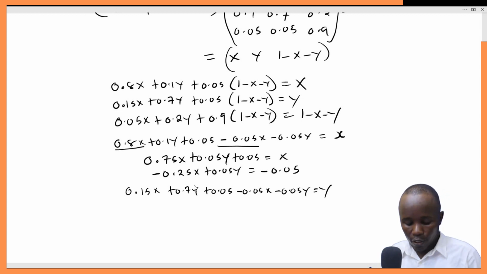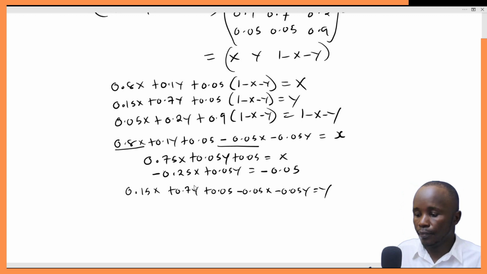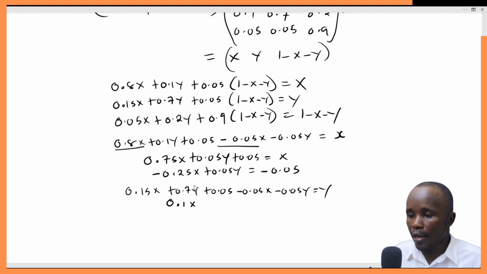Add the like terms. Here you also need to use your calculator. We are having 0.15x minus 0.05. This will give me 0.1x. I hope it's clear. This is 0.1x. And then y, I'm having 0.7.